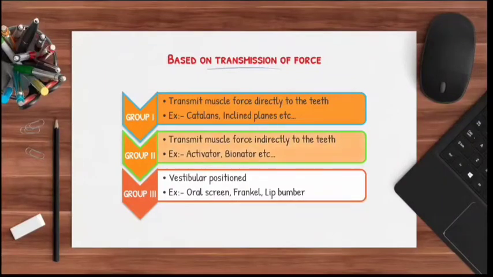That is, these appliances reposition the mandible and the resultant force is directed to the teeth and other structures. Examples are activator, bionator, etc. And group 3 is vestibular position. These also reposition the mandible, but their main area of operation is the vestibule. Examples are oral screen, Frankel and lip bumper.